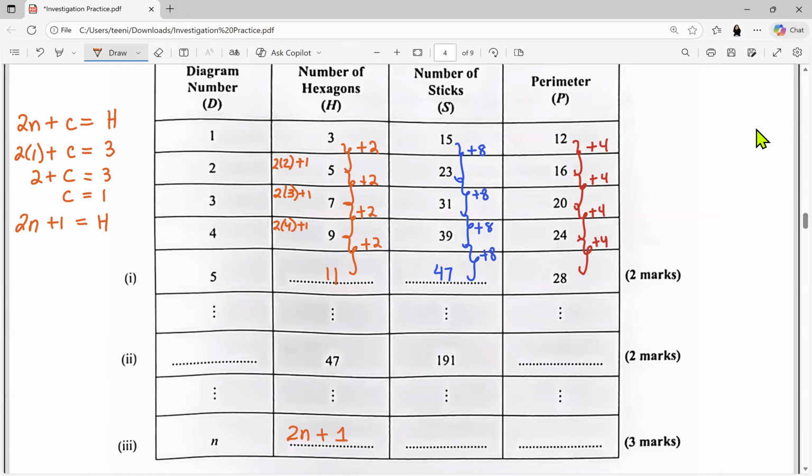Or do you need me to help you figure it out? If n was 50, what would be the number of hexagons? Miss, give me 2 seconds. Okay.